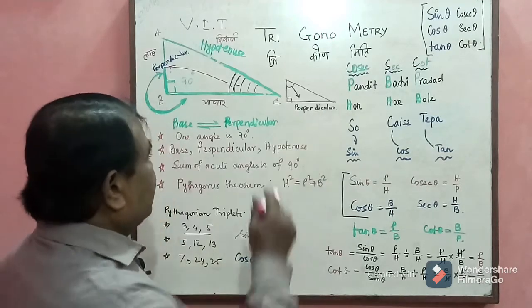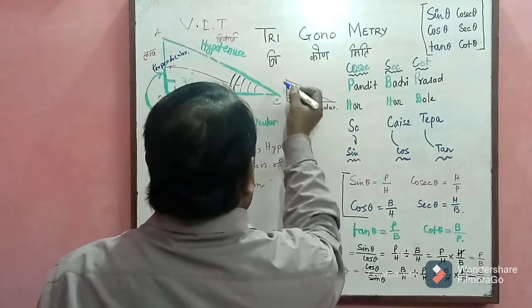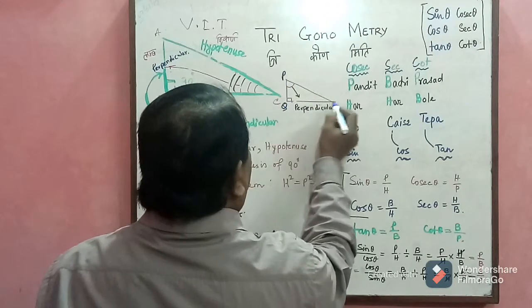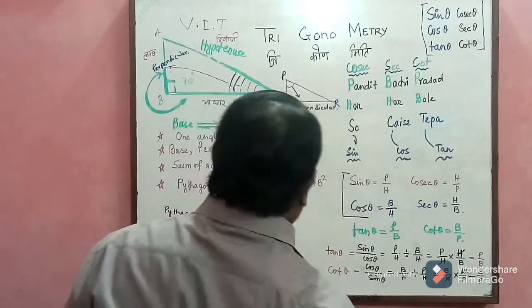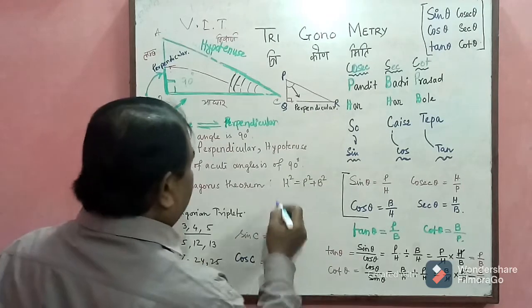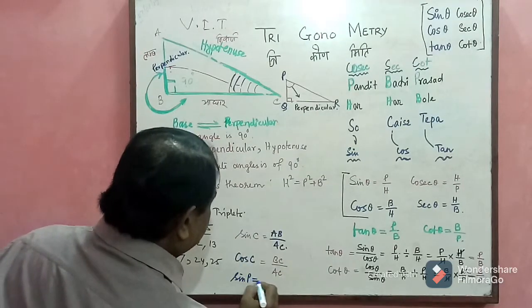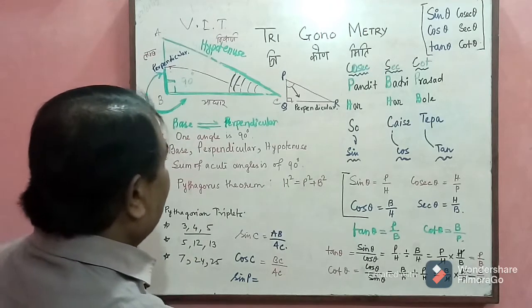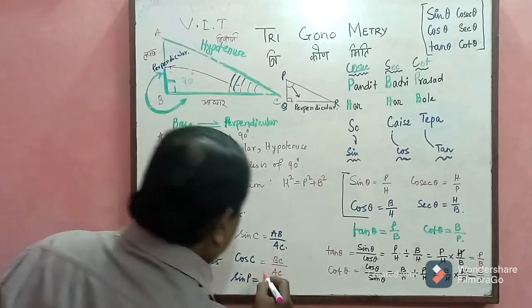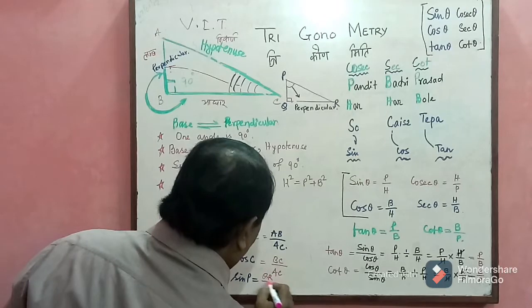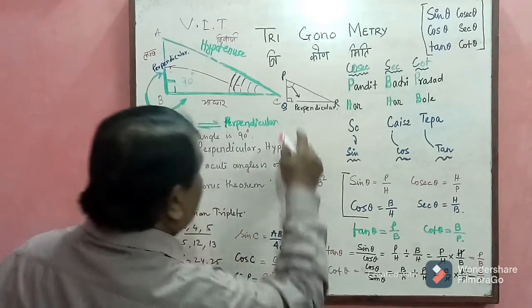Like if I say this is PQR, Q is 90 degrees and P and R are acute angles. If I take the measure of sin P, then this will be QR upon PR. Why QR?